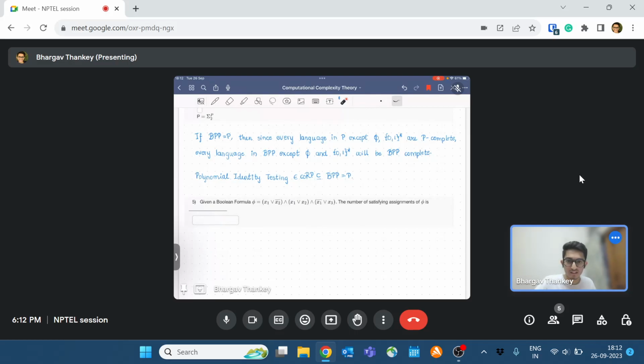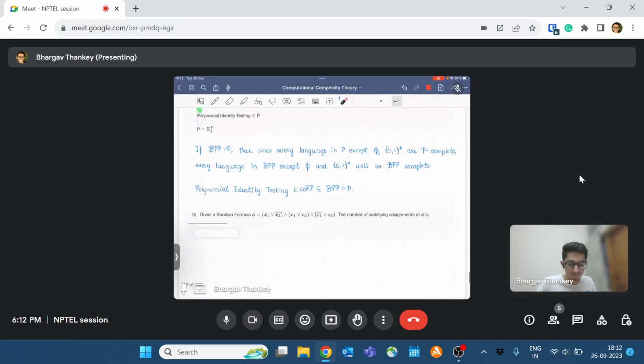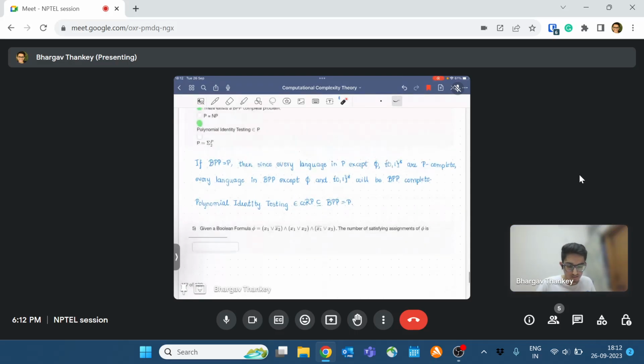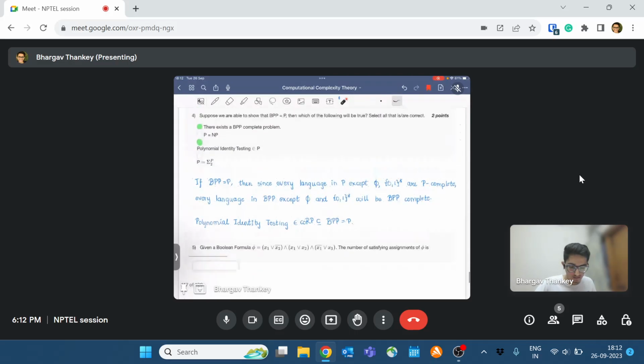If P were equal to NP, that would mean that for every language in NP, there exists a deterministic Turing machine accepting it. The non-deterministic and deterministic Turing machines need not be the same. They must just exist, right? And in fact, we expect BPP to be equal to P.